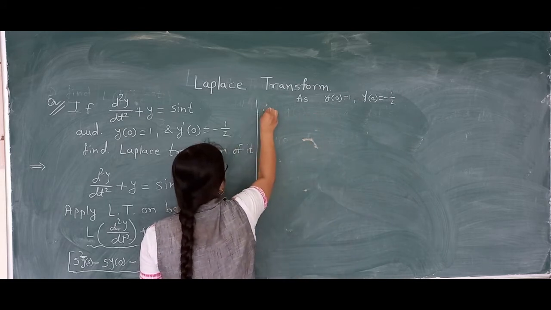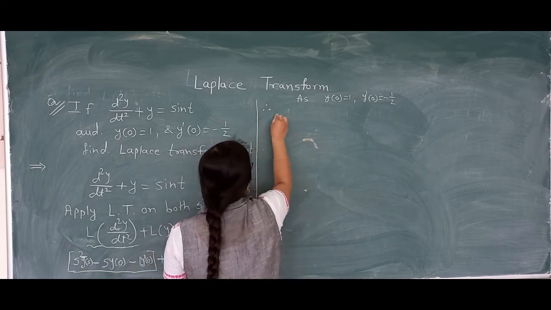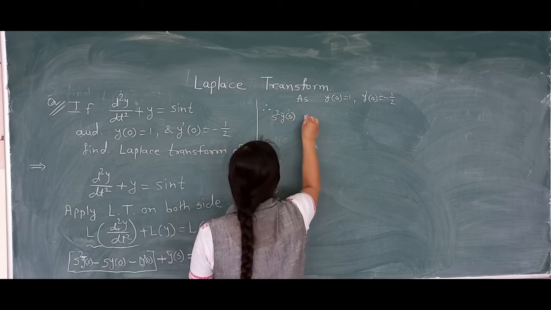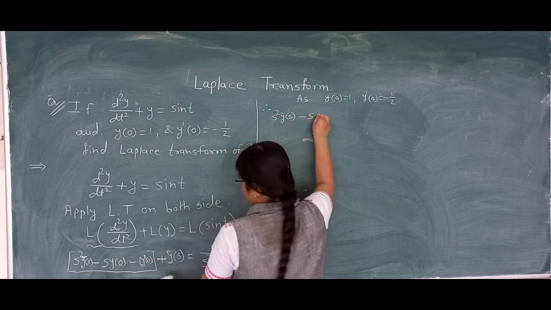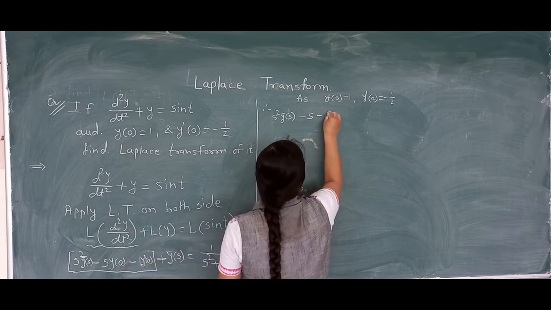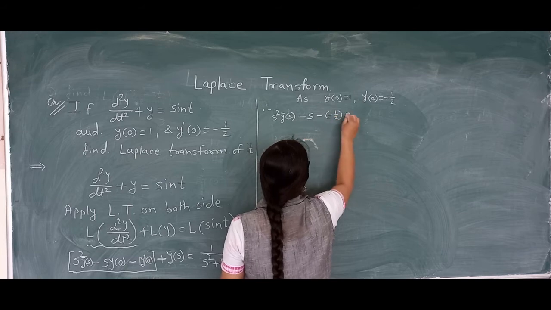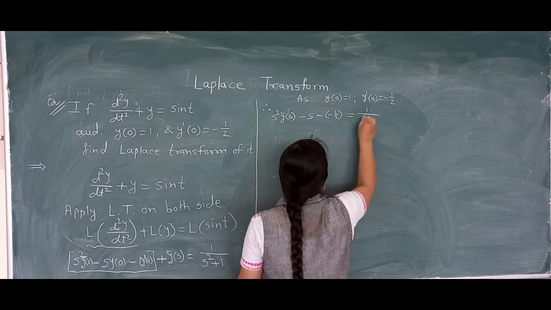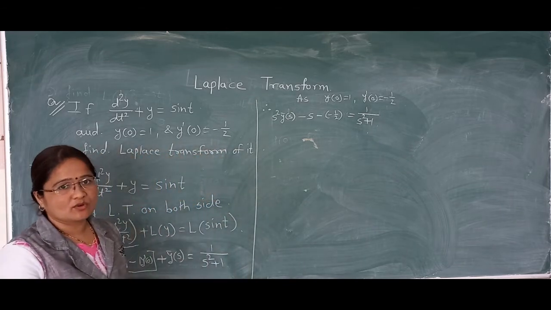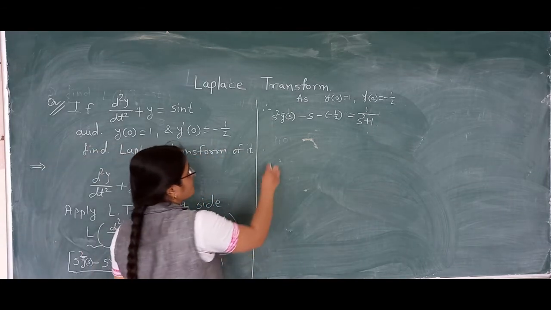Therefore, we get s square y bar of s minus s, because y of 0 is 1, minus 1 by 2 equal to 1 upon s square plus 1. I am just putting the values of the initial conditions.